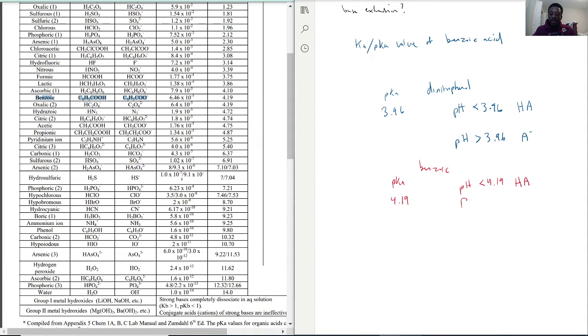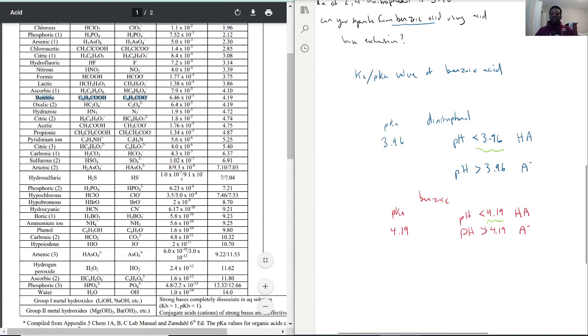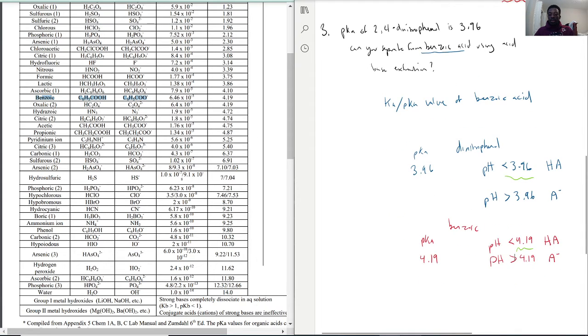And then when you increase the pH to greater than 4.19, that's when you have deprotonated it, and now you're dealing with its conjugate base, as in more and more will start getting deprotonated. So with that being said, as you can see here, we have this pH range, and they're very, very close to each other. Can you separate this from benzoic acid using acid-base extraction?